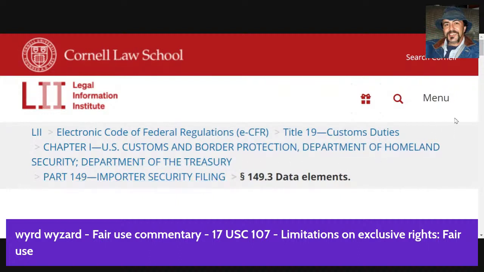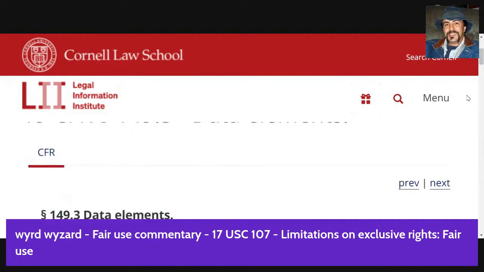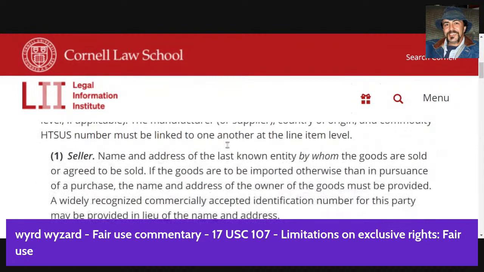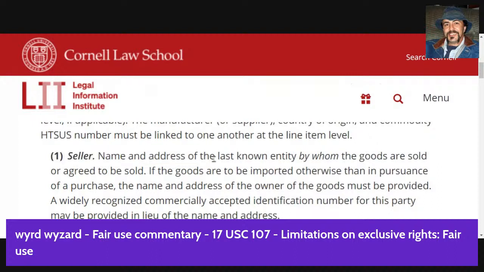And so what happens at the hospital when mom goes in and pays for the services that are being sold? We have the seller: name and address of the last known entity by whom the goods are sold or agreed to be sold.